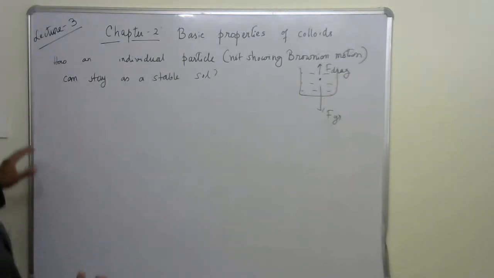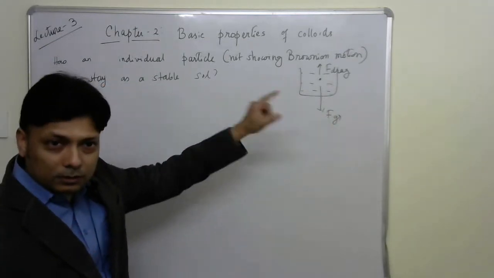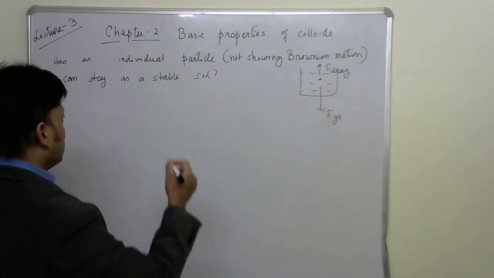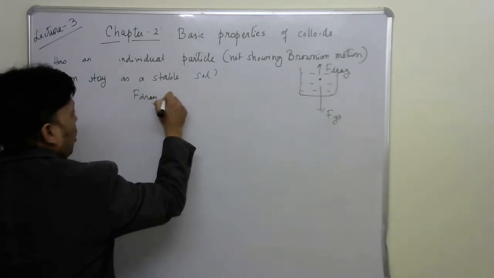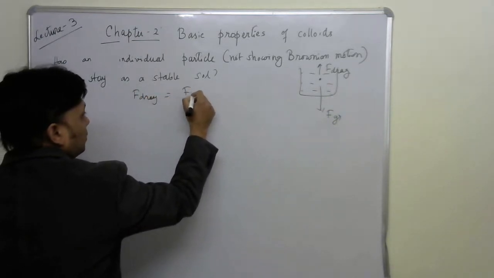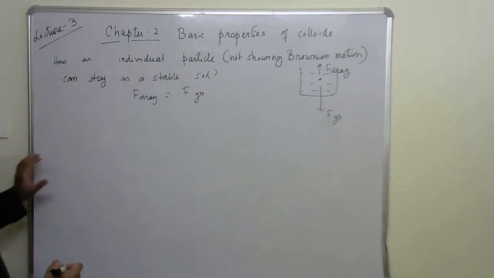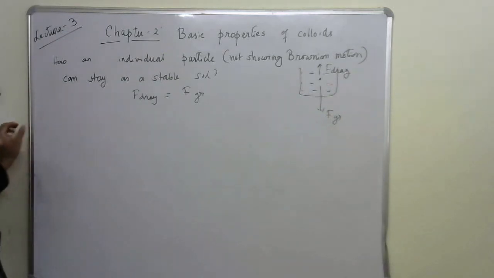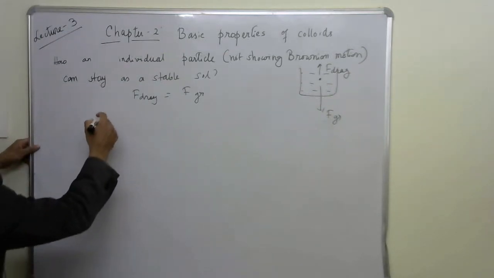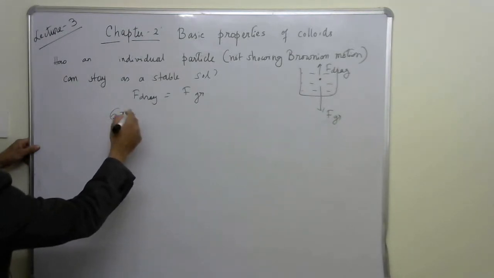So therefore for our individual particle to stay afloat in a stable solid, we must say that the viscous drag force should compensate the gravitational force. Okay, now let's expand the expression for the viscous drag force. So from the Stokes law, this viscous drag force is defined something like that.